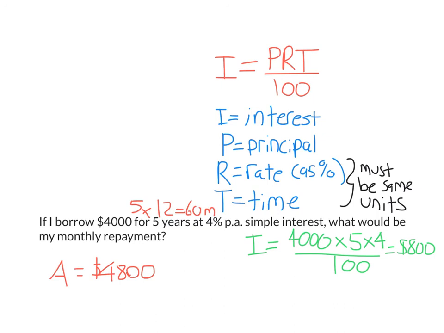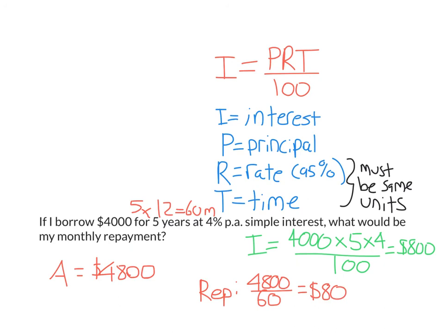So in order to pay back that in 5 years, I would need to divide 4,800 by 60. So I'm just going to call it rep for repayment. Would just be the whole $4,800 I must pay back divided by 60. And that gives me $80 per month.